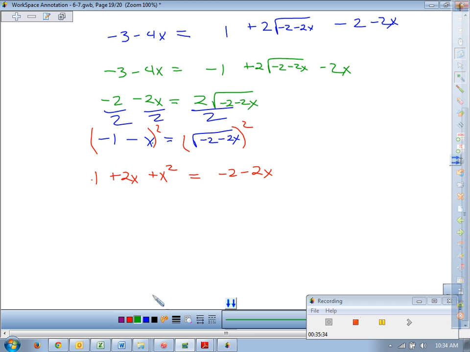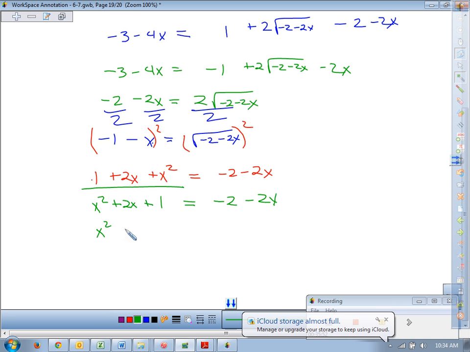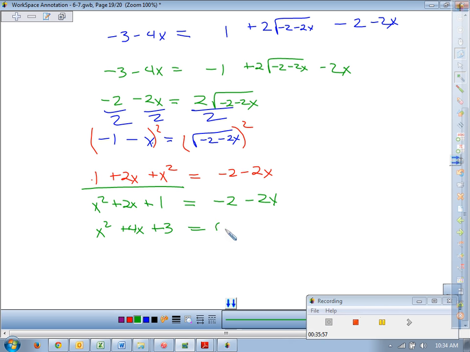But I'm going to do myself a little optical illusion favor. I rewrote this in standard form. I put the x squared first, the x second, and the constant last. And now I'll add this stuff over.